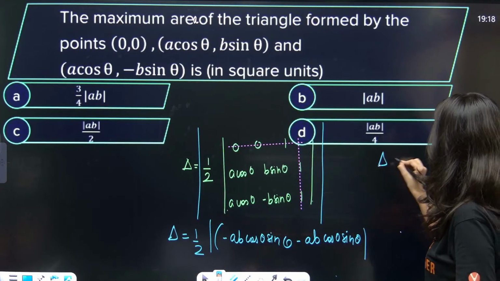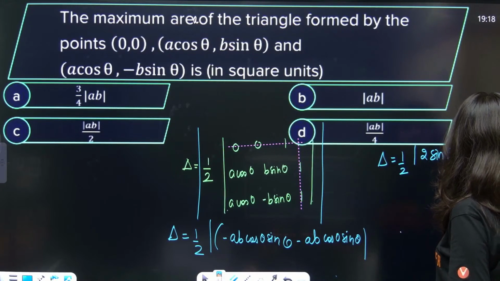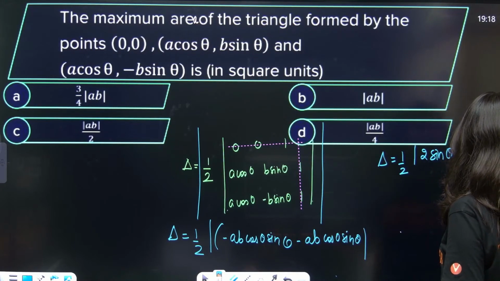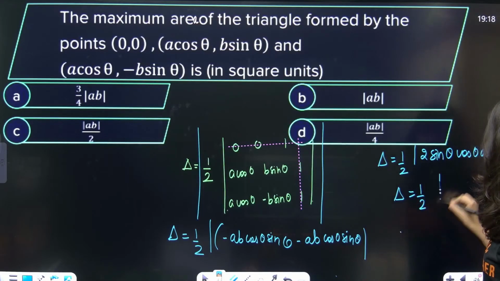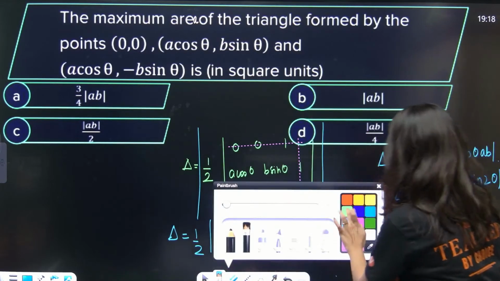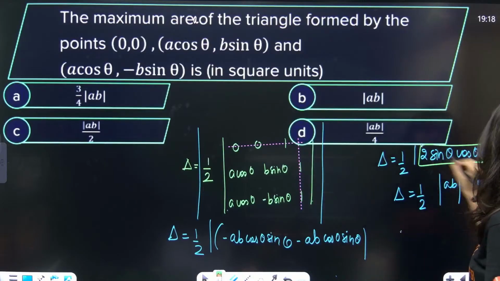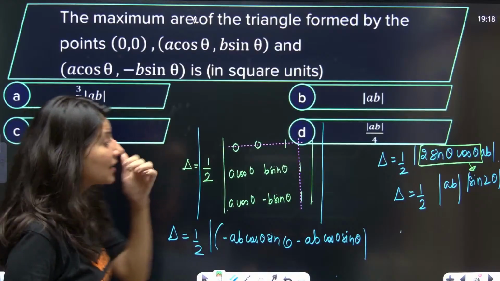So delta is equal to 1 by 2 mod 2 sin theta cos theta, and AB is also there. So delta is nothing but half mod of AB and mod of sine 2 theta. Yes or no? Because 2 sin theta cos theta is what? Sine 2 theta.